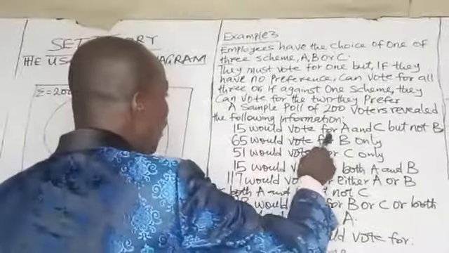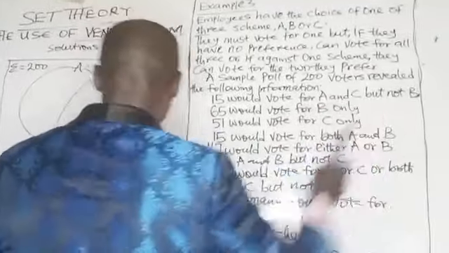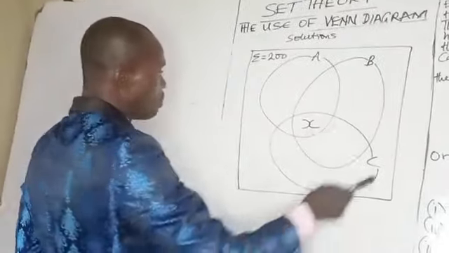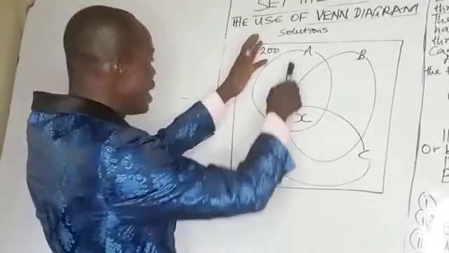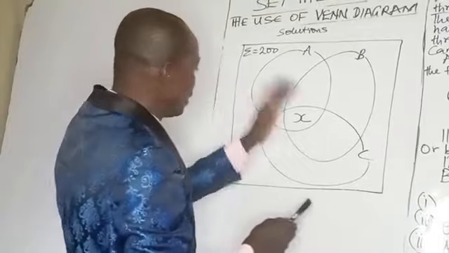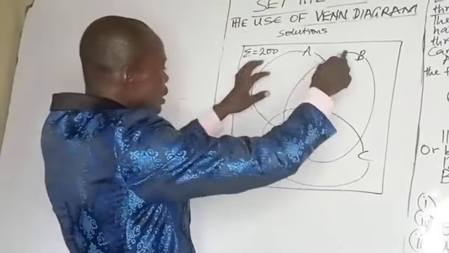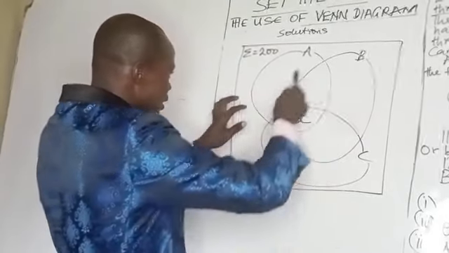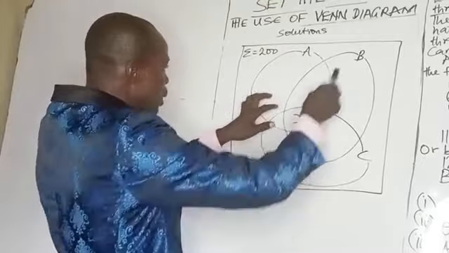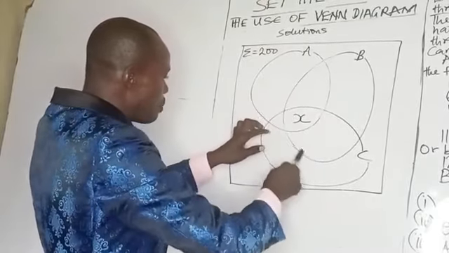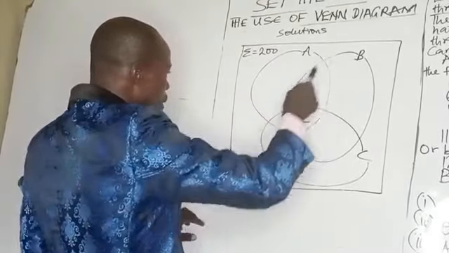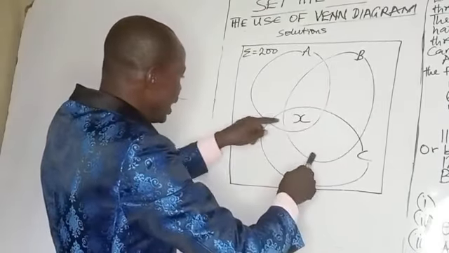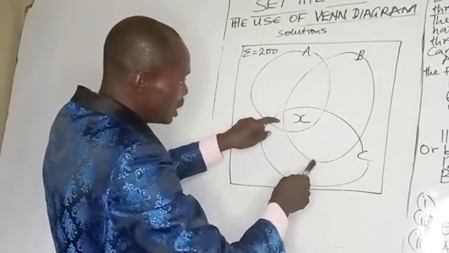15 will vote for A and C, but not B. This is A, this is C, but not B. That means A and C exclusive of B. So let's cut from A and C, and cut any region involving B, since the question says but not B. If you cut B away from it, then the intersection of A and C is this place.